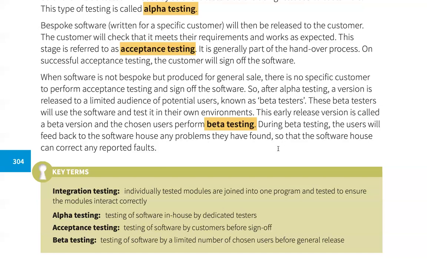So after the beta testing phase is completed, it means that the faults reported by the public have been solved, and hopefully it will now be launched to an even wider audience, available to everyone. So this is a better approach when you're creating a software for the general public.